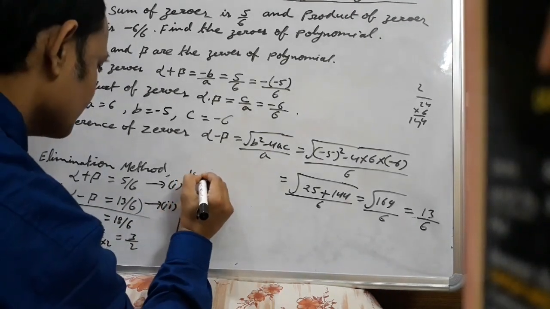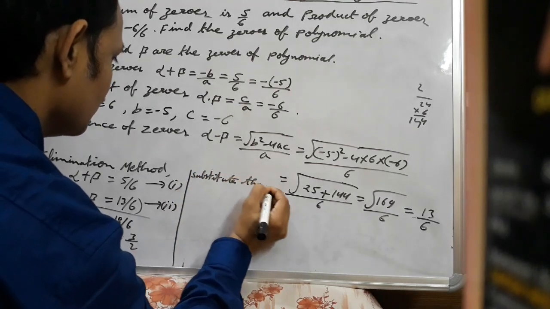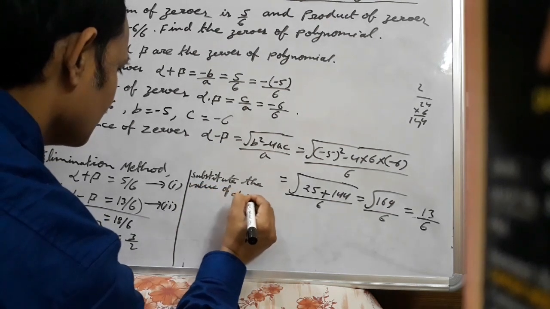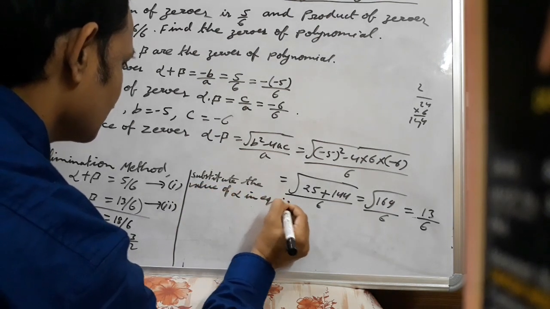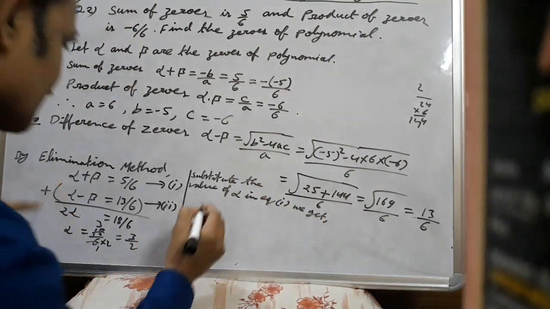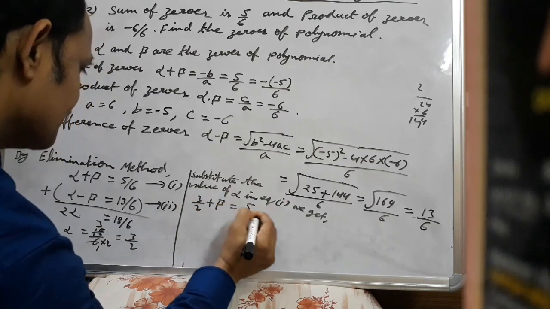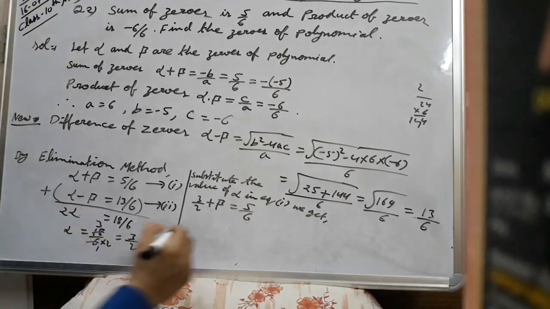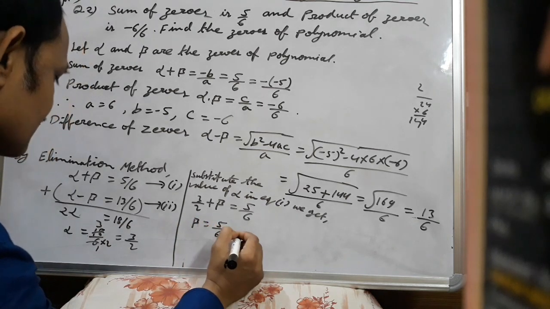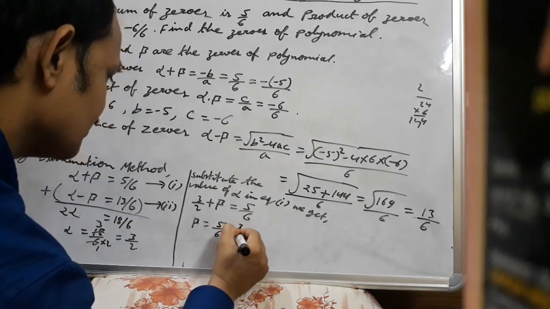Now substitute the value of alpha in equation 1. What will you get? 3 by 2 plus beta is equal to 5 by 6. Now beta is equal to 5 by 6 minus 3 by 2.